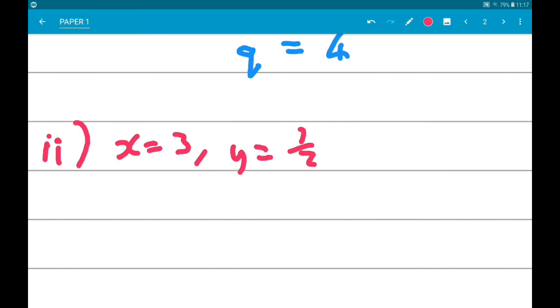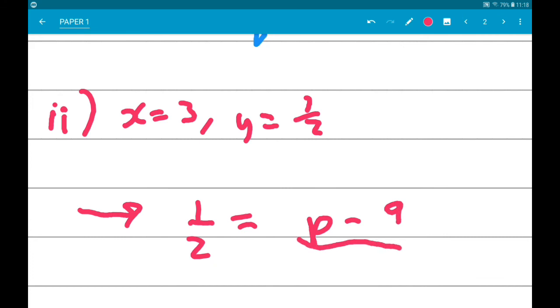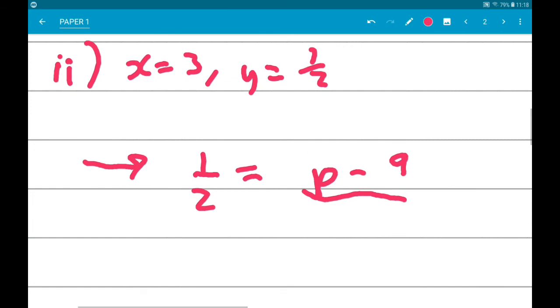It's going to give us 1/2 is p minus 9 over 2x minus 4, so 6 minus 4 is 2, times 3 add 3, so that's 6.